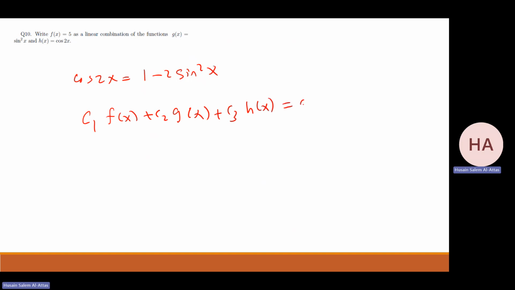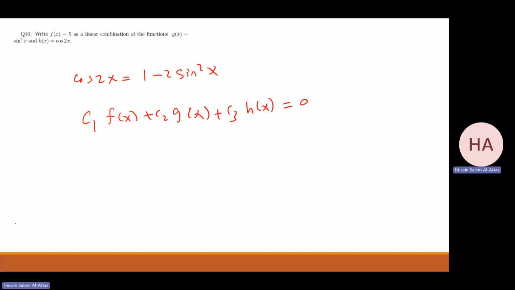Write 5 as a linear combination of these. Very clear, I have cosine 2x equals 1 minus 2 sine squared x. So now I need to write 5. Let me do it this way: C1 times f of x plus C2 times g of x plus C3 times h of x equals 0.